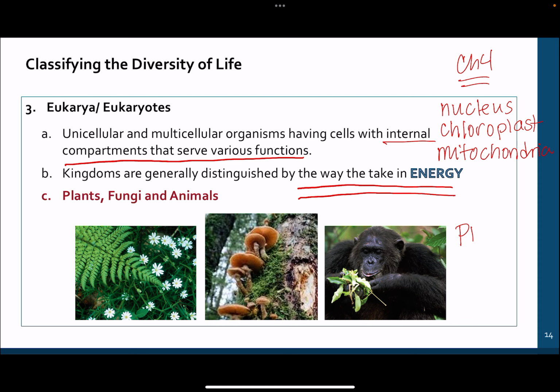So, eukaryotic domain, these are all the things that you know and you love. Your cat is a eukaryote, and your sister is a eukaryote, and the rose bush in your front yard is a eukaryote. That weird fungus or mold you have growing on your bread is a eukaryote.